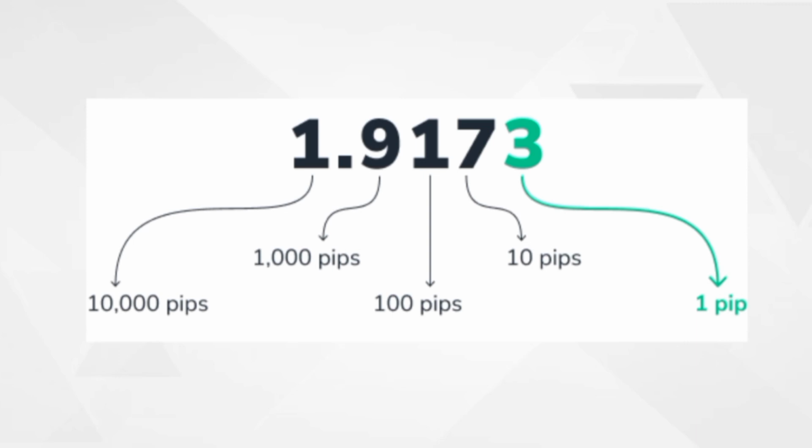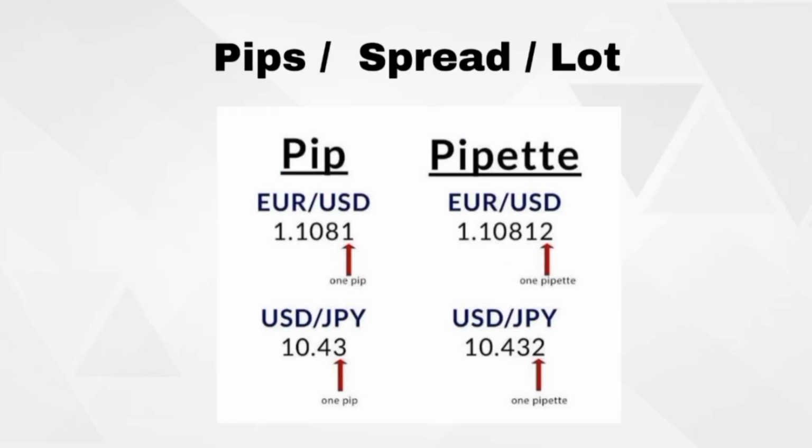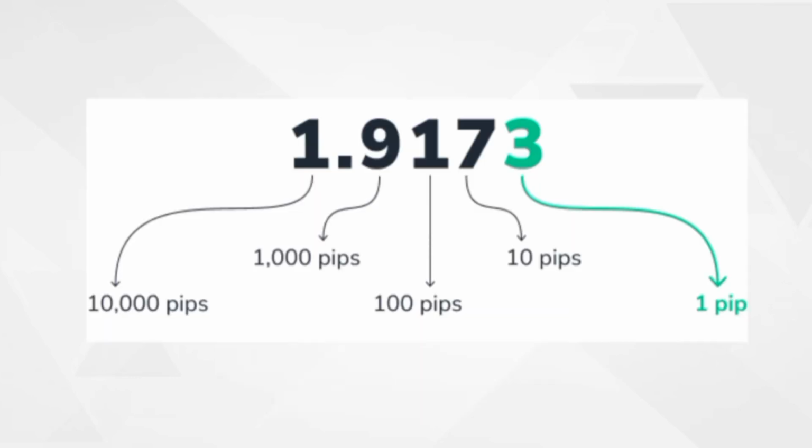So don't expect all pairs to always look like this. You can see for this USD JPY, the pair is 10.43. For pairs like, let's say, gold, you usually see them like 1701, 2000 and something.